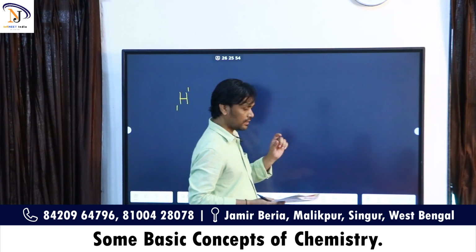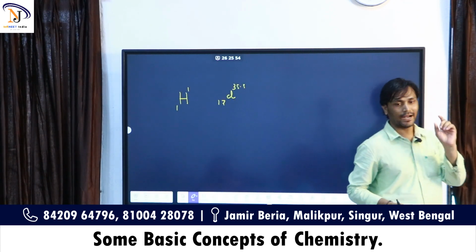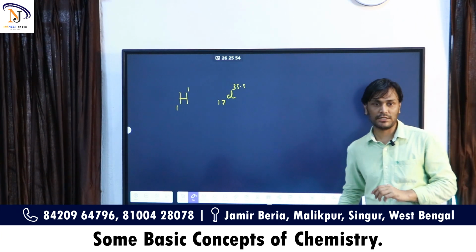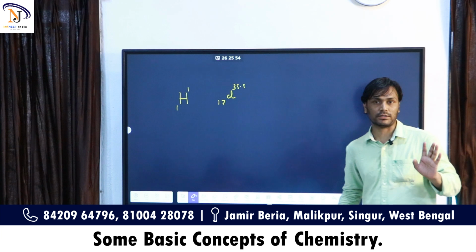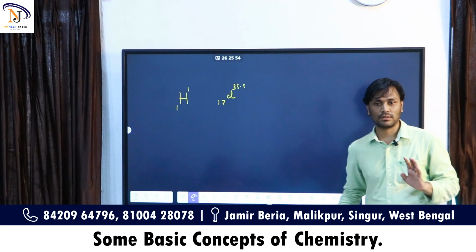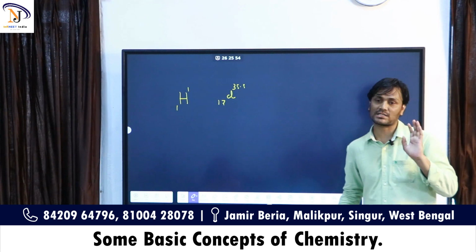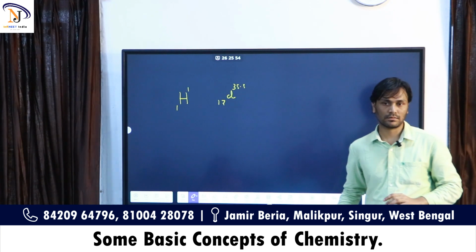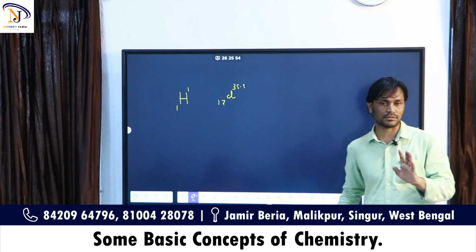Now I will explain the terms mass number and atomic mass. Mass number is a number. It is not a weight. It has no unit. It is just a number, so it cannot be a fraction. It must be an integer.